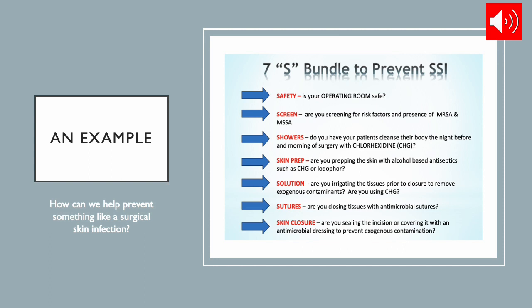So this looks at safety of the operating room, screening for presence of MRSA or MSSA, ensuring or encouraging showers of the patient the night before and the morning of surgery, skin prep, using appropriate skin prep material for antisepsis, solutions, so which solutions we're irrigating tissues with prior to closure, sutures, if we're using antimicrobial sutures, and skin closure, so are you sealing the incision or covering it with an antimicrobial dressing?